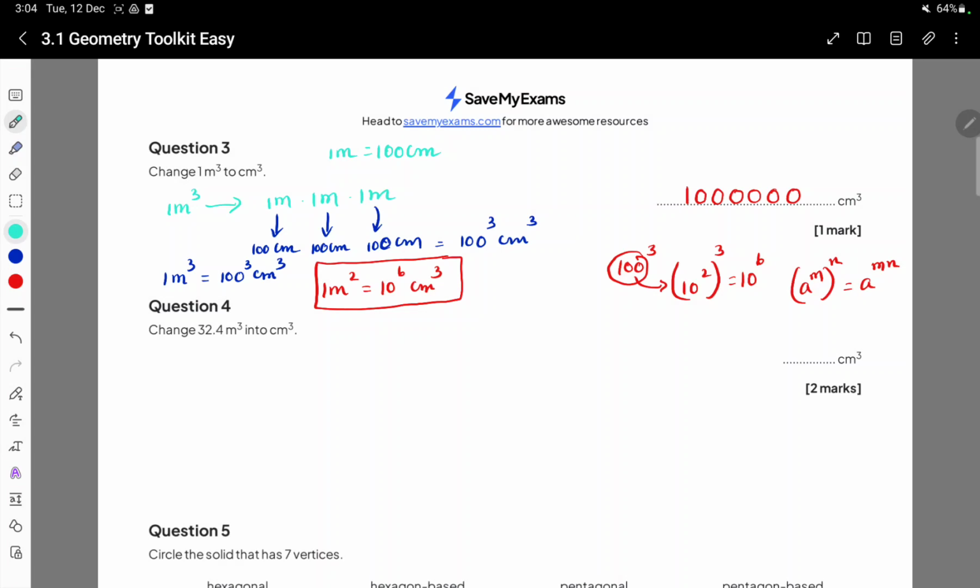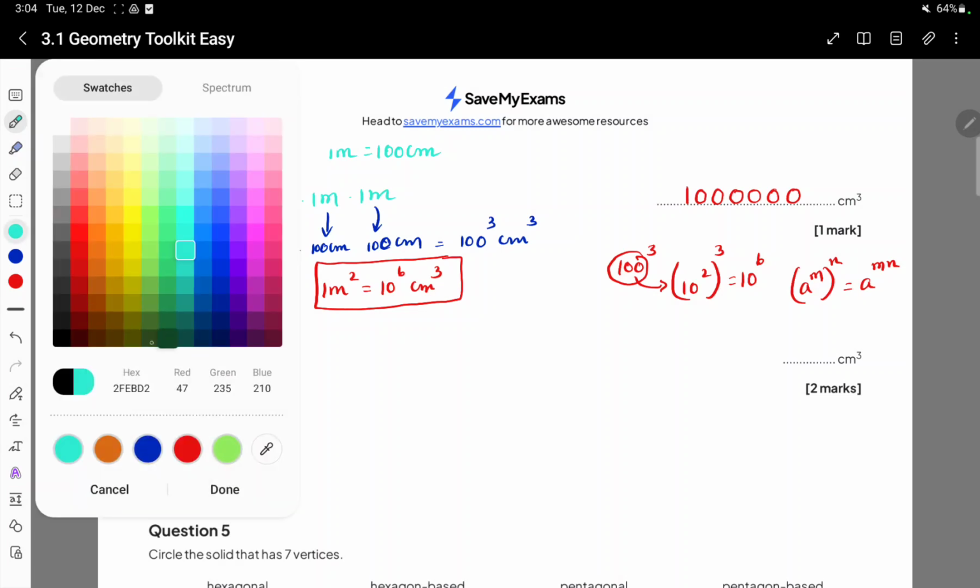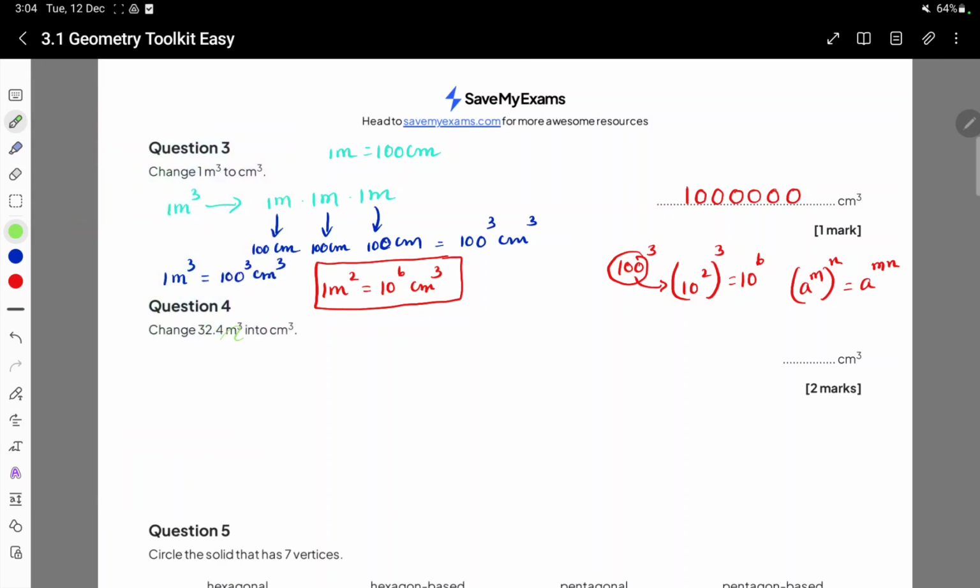Now we can go to the fourth question. We have to find 32.4 meter cube in centimeter cube. We know 1 meter cube equals 10 power 6 centimeter cube. Now they are asking 32.4 meter cube, so I have to multiply both sides by 32.4.